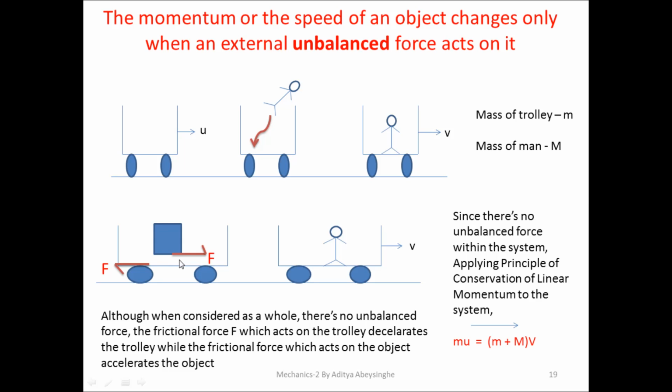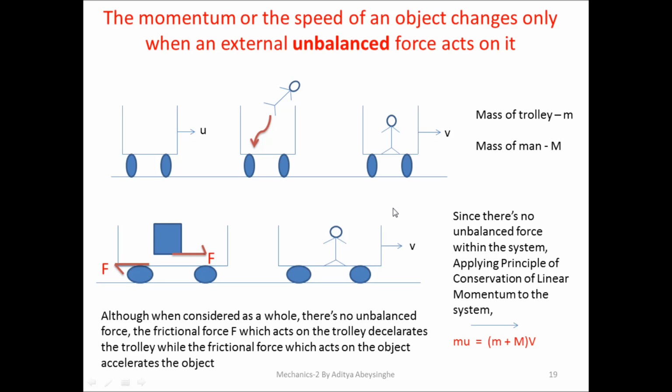So the man exerts a friction on this object in this direction so as to hinder its motion, and due to Newton's third law, the friction on this man will be in this direction. So the man accelerates and this object decelerates. Finally they come to a common velocity.